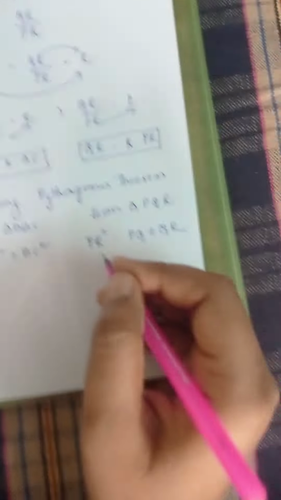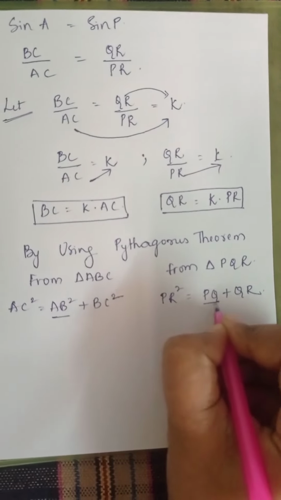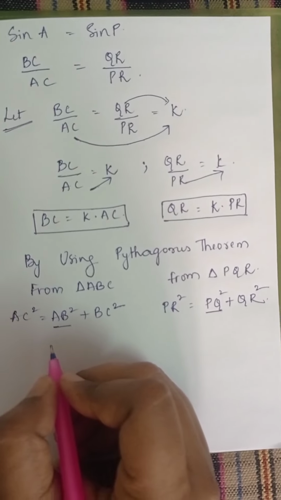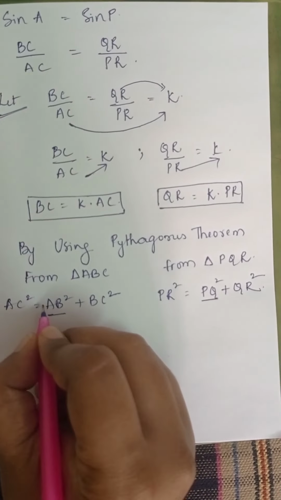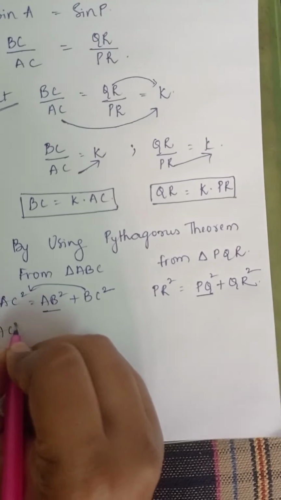So we are going to find the adjacent sides, AB and PQ. Keep AB square at the same point, so send BC square to the LHS side.